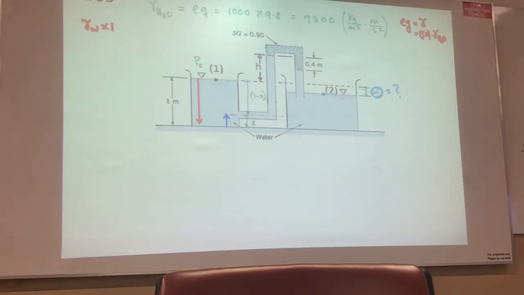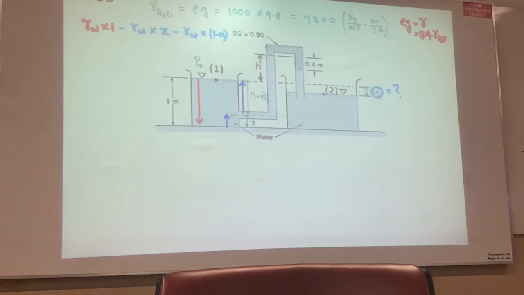Then what is this value? The blue one is equivalent to negative, right? Negative gamma of water times x. Correct. Specific gravity is 1. Then what is this value? Minus, right? Minus gamma of w times 1 minus x.